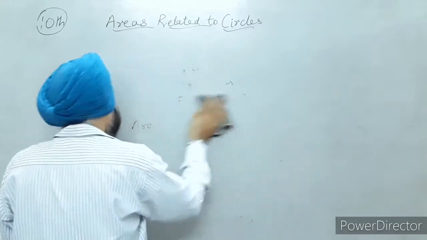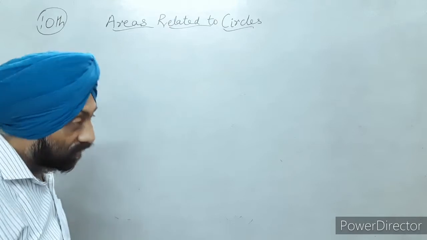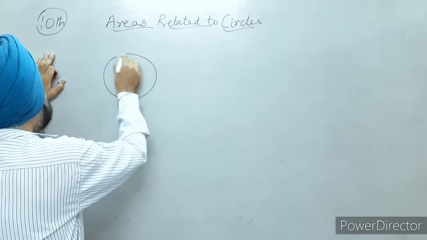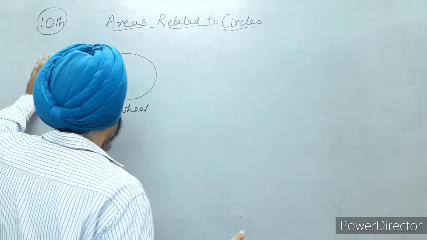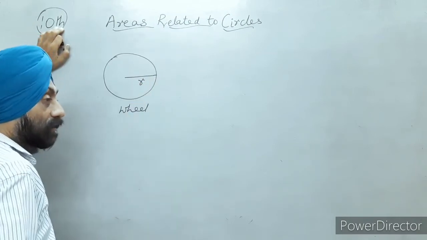Now, what is the distance covered by a wheel in one revolution? Look, it's a wheel of a car, of a truck, or any other vehicle. Its radius is r.